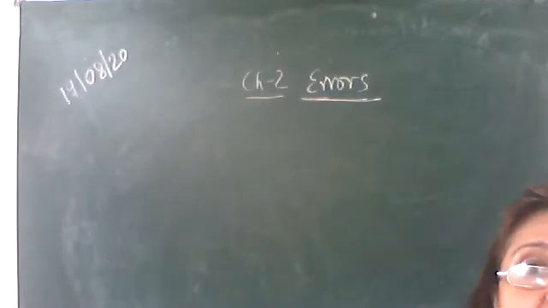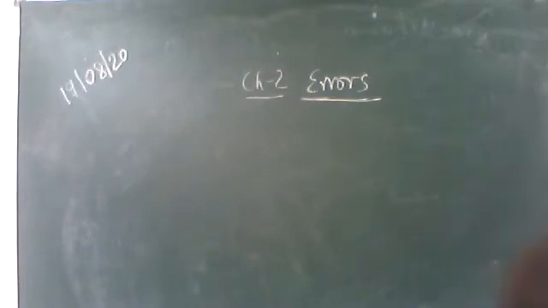I'll explain from here, and you can note it down from the book or learn it from the book. Systematic errors are those errors which tend to be in one direction, either positive or negative.